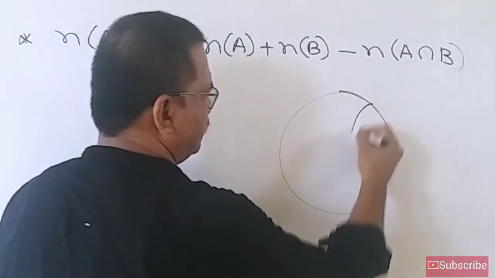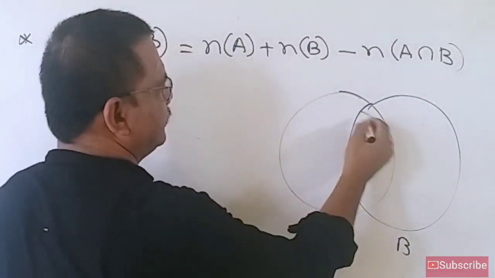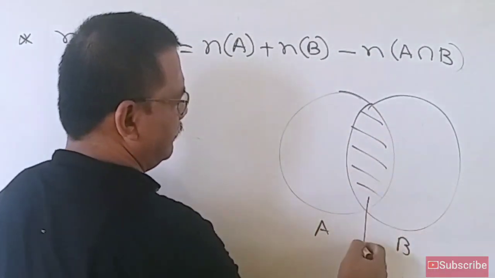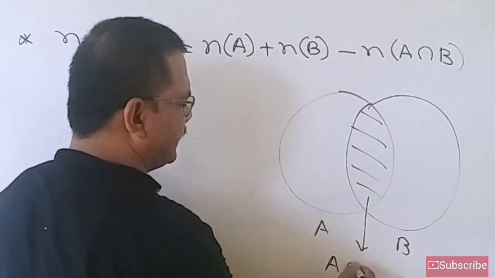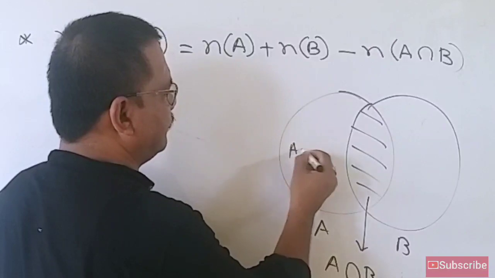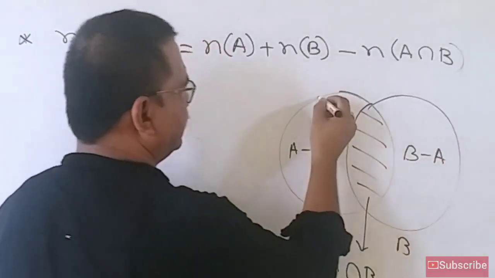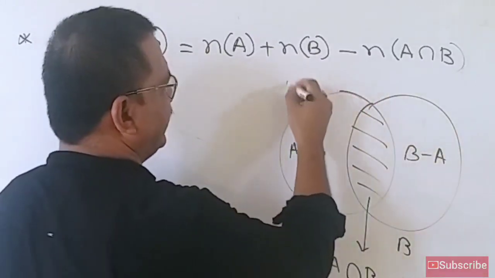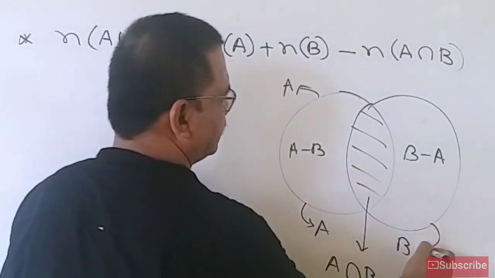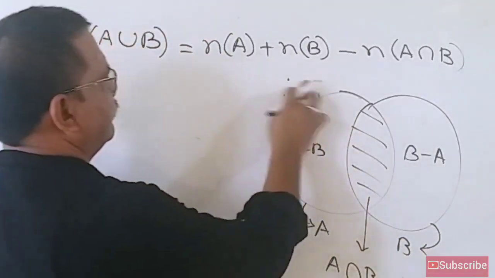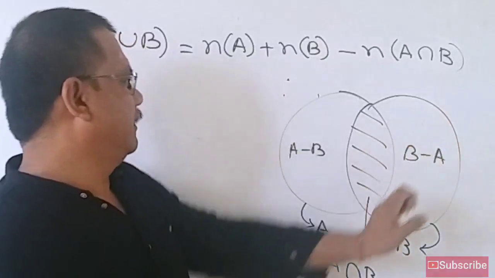You draw the Venn diagram of A and B. This is your common part, which is for A intersection B. This is for A minus B. This is B minus A. This is the whole set A, and this is B. n(A) means this part, n(B) this one.